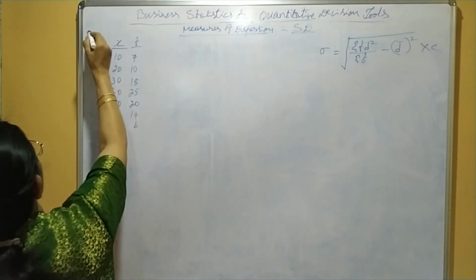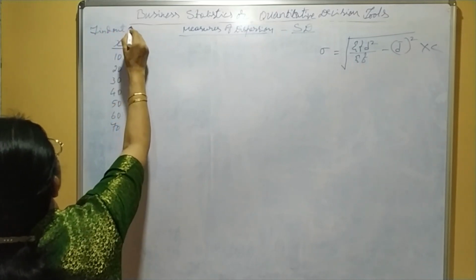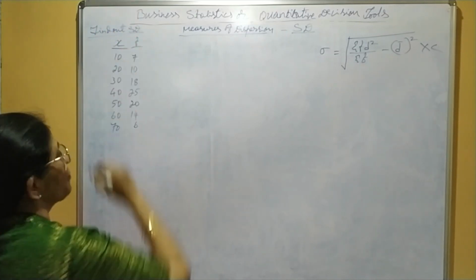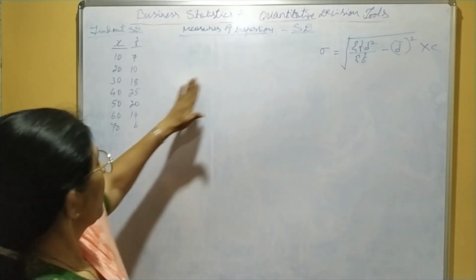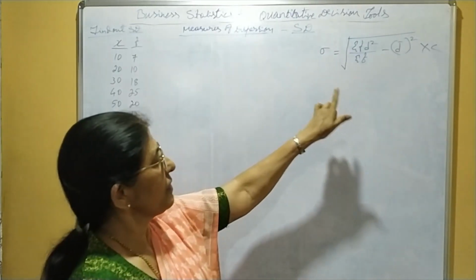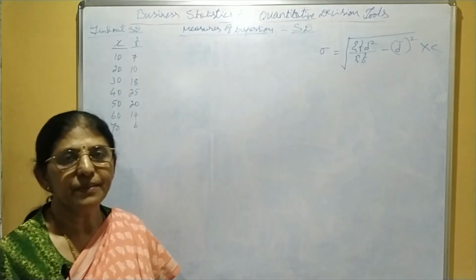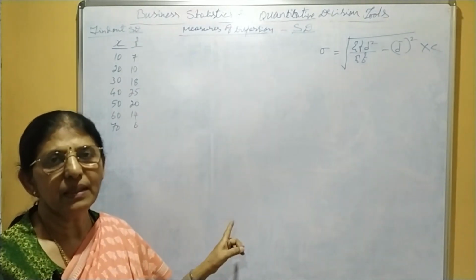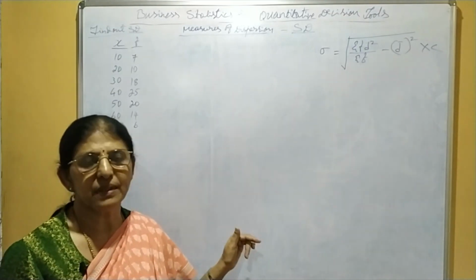Okay. Now it may be asked to find out standard deviation for the following data. Now, first step is, here we have to take A and C. Usually under group data, deviations are taken from assumed mean.